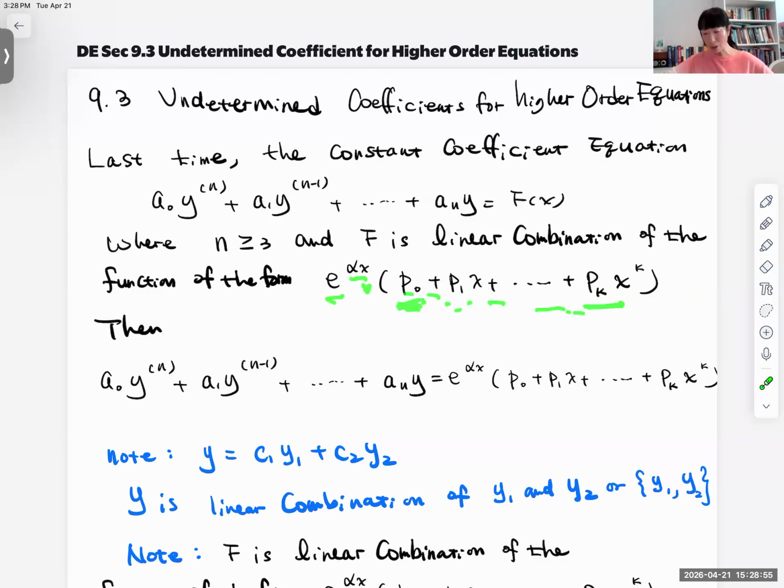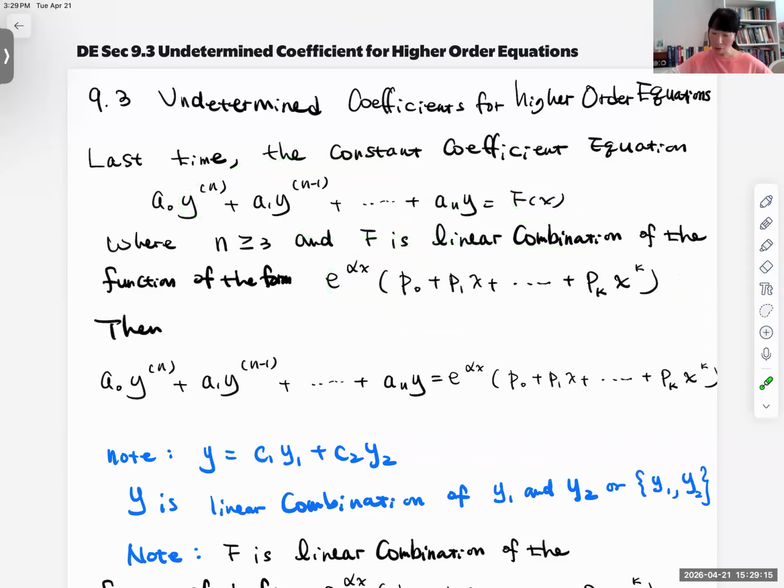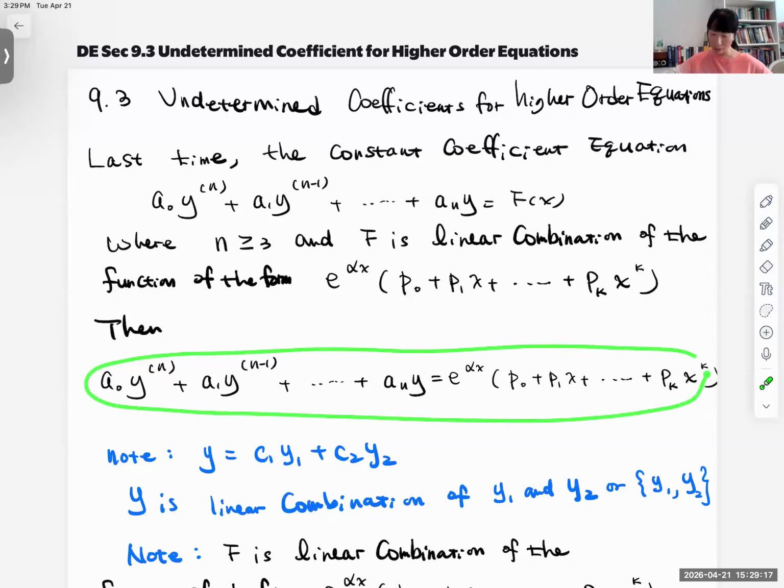The last term will be p sub k times x to the k power. The left side is a constant coefficient, and the right side is f of x, so we rewrite it this way, right?